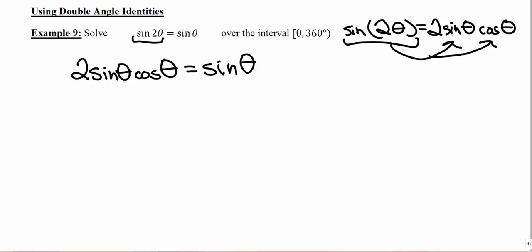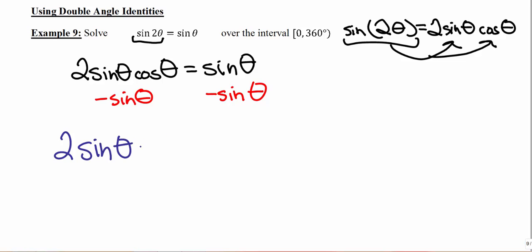Now if we were solving this equation starting here, in section 6.2, we would get everything on one side, 0 on the other, and then try to factor. Now notice that when I get the 0, when I subtract sine theta from both sides, these are not like terms. So I can't actually combine them, but they would just sit side by side.